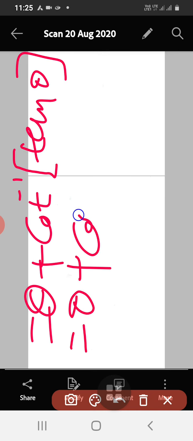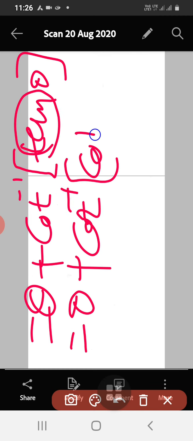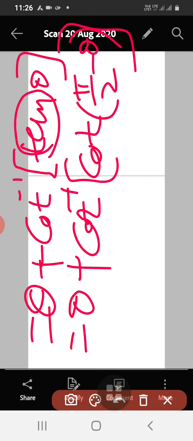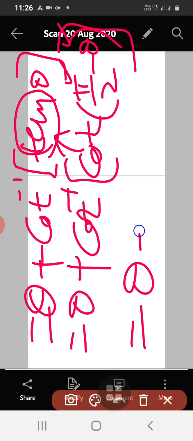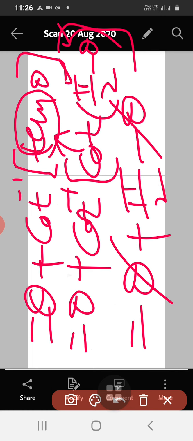Once again, I can write this tan as cot of pi by 2 minus theta. So 90 minus theta is in the first quadrant, and the ratio changes from cot to tan, with theta as it is. Then cot inverse of cot, I can write pi by 2 minus theta. So theta cancels, and I will get pi by 2. Therefore, the result is tan inverse x plus cot inverse x is equal to pi by 2.